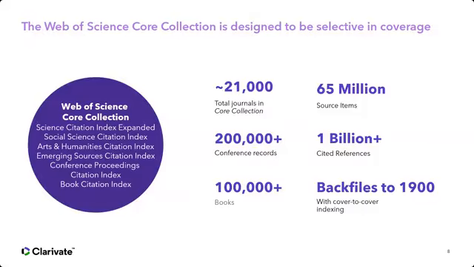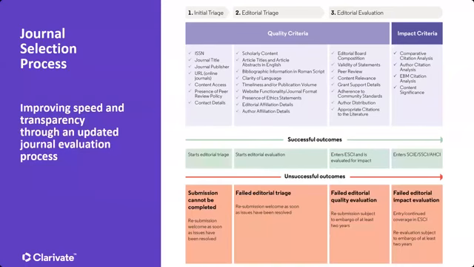Now, we do hear that many researchers will say, oh, but Web of Science doesn't cover everything. And there's a reason. The reason is because we want to avoid including questionable journals and predatory content. So the Web of Science Core Collection is designed to be selective in its coverage. So for journals that want to be included into the Web of Science Core Collection, they all have to fulfill our 24 quality criteria at least.